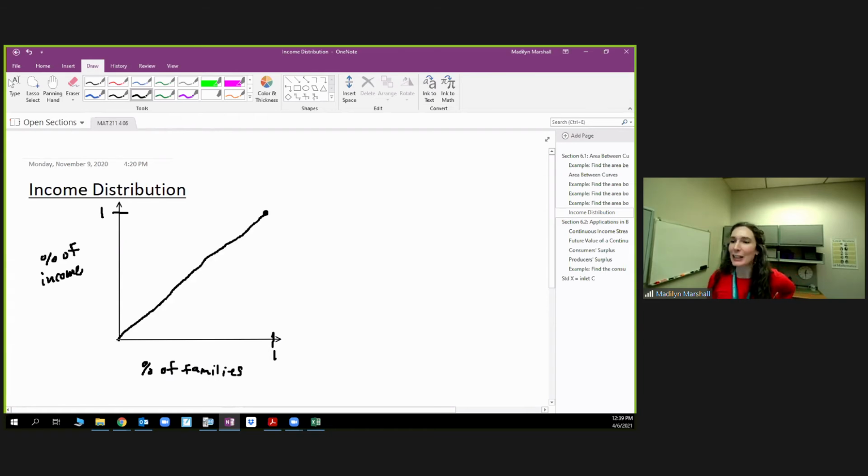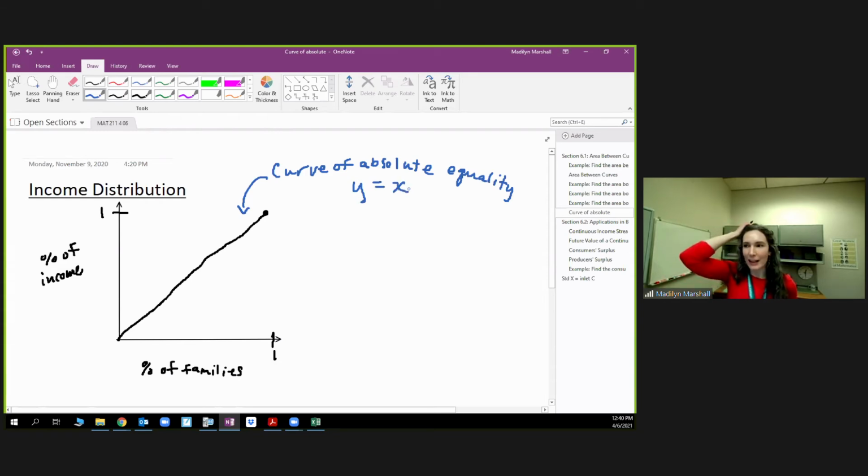This is the curve of absolute equality. And the equation of that curve is y equals x.